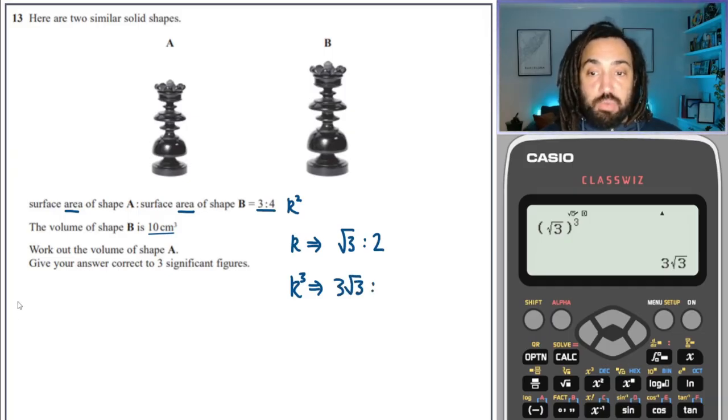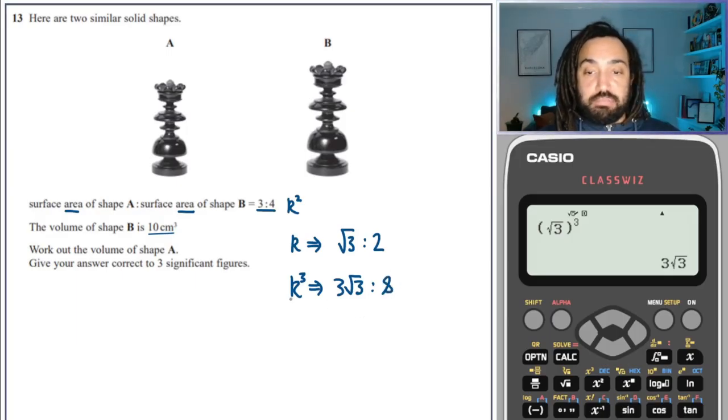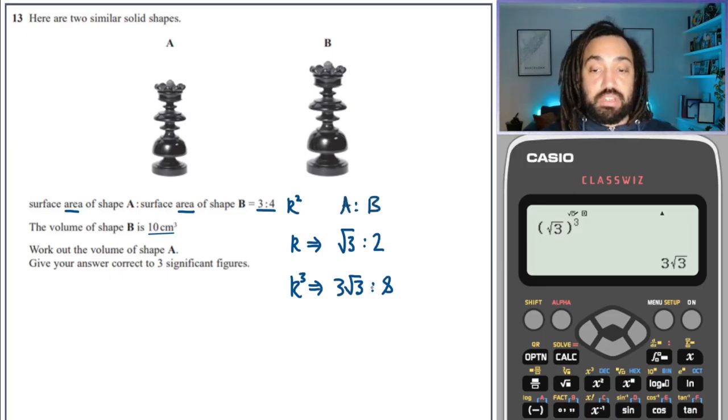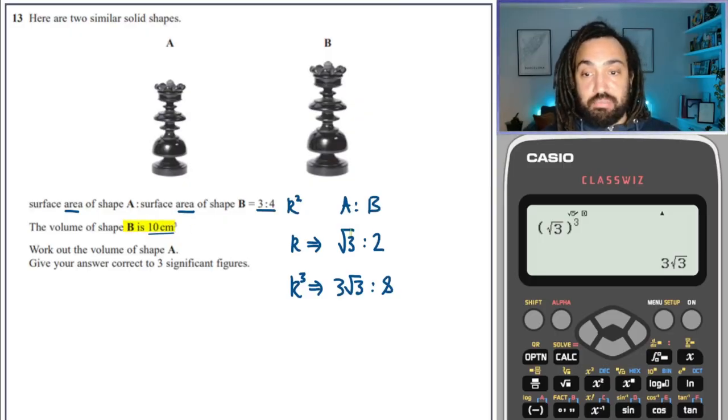And then if we take 2 and we cube that, we get 8. Okay, so this is the scale factor ratio for the volume. Now, this is A and this is B. And we're told that the volume of B is 10.